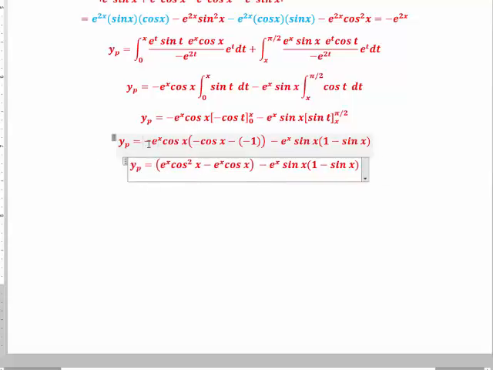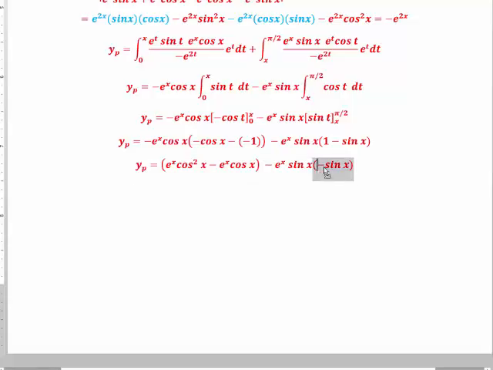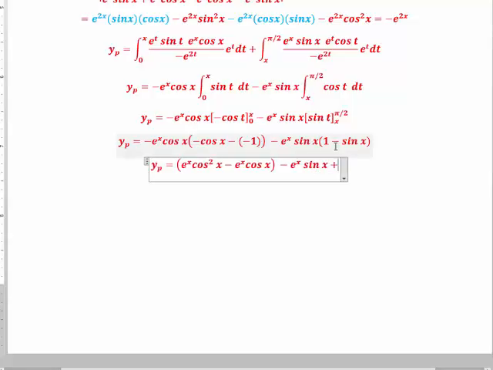So we distributed this term through, and that's what we got simplified. Now let's distribute this negative here, and multiplied times 1, we just get 1. So that's the first term. And then next we get a negative times a negative, which is a positive. And then we have e to the x sine x times sine x, so that makes 2 sines.